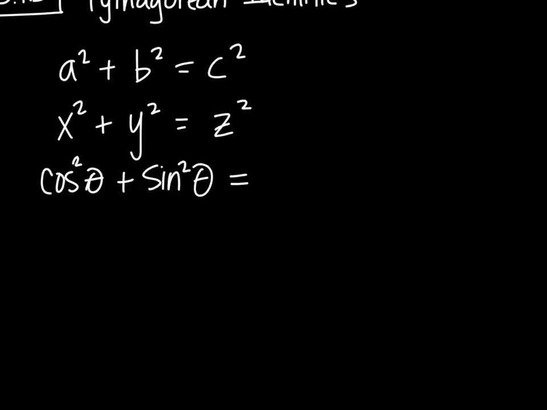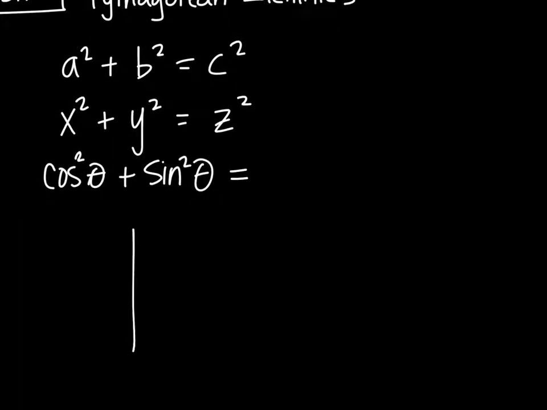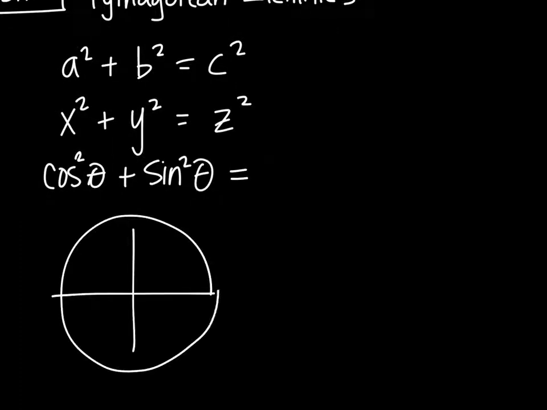Let's see if we can figure that out. Let's think about the unit circle. What's right there? That is 1, 0. The 1 represents cosine, and the 0 is sine. So use the formula: cosine squared plus sine squared is 1 squared plus 0 squared, which is 1.